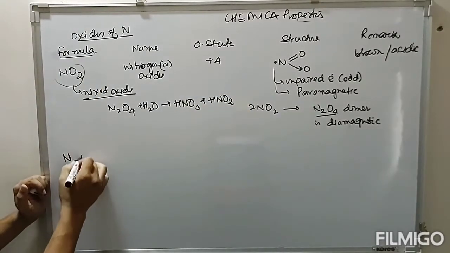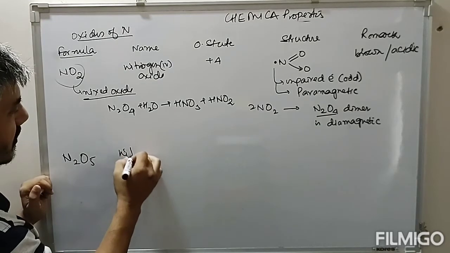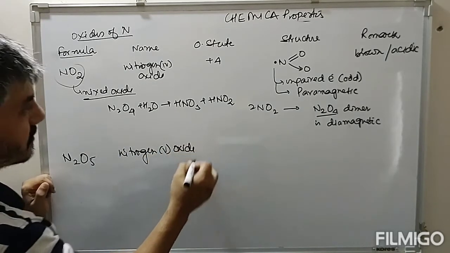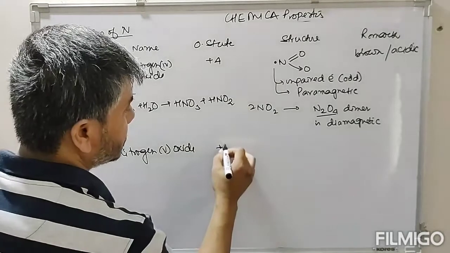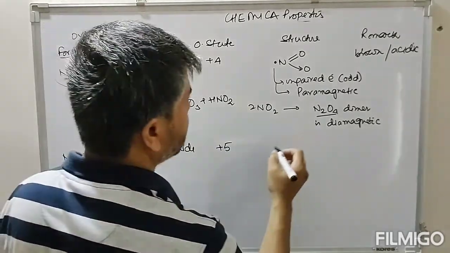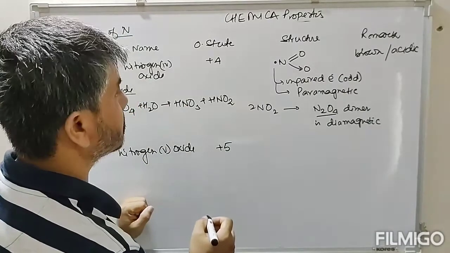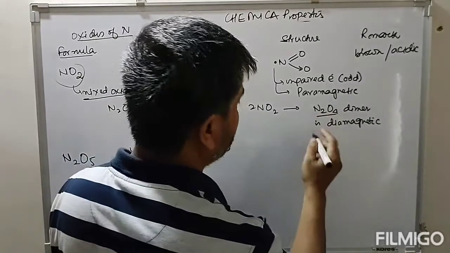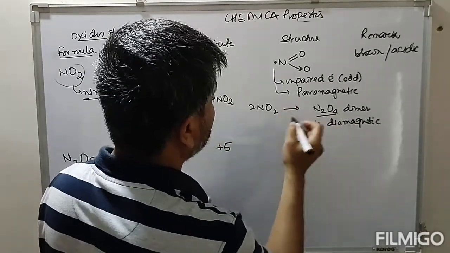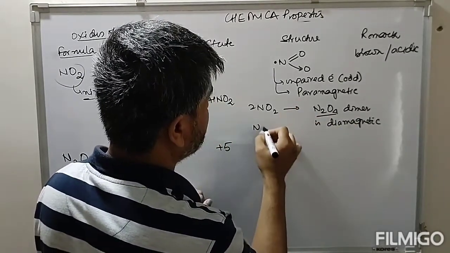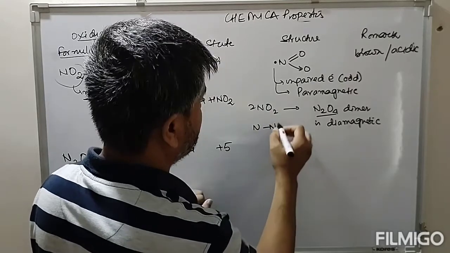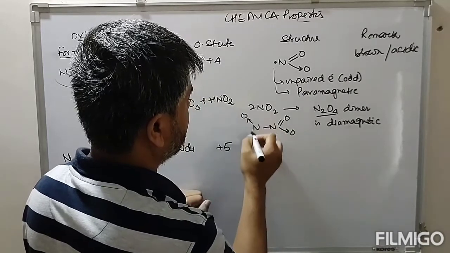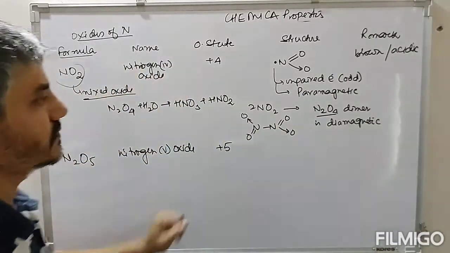Then look at N2O5, nitrogen pentoxide. Oxidation state is +5. Structure: let me give you the structure of this N2O4. This is N2O4.